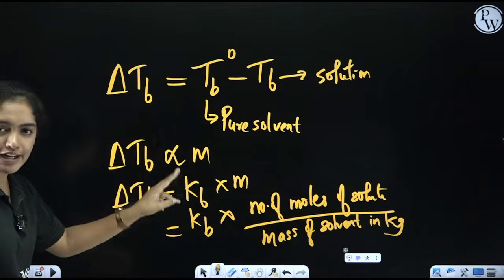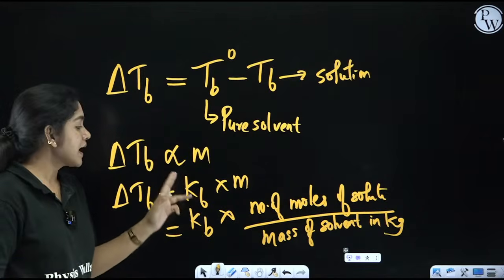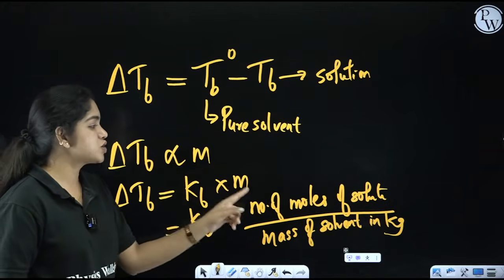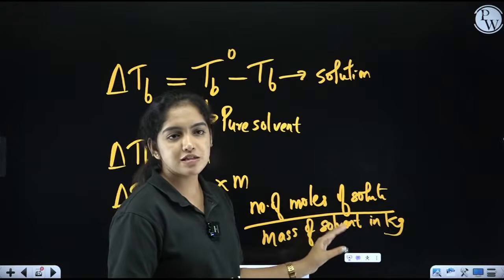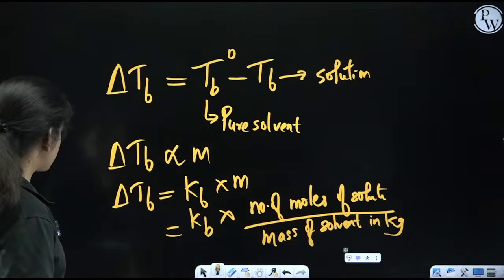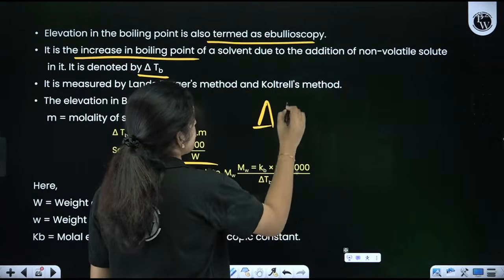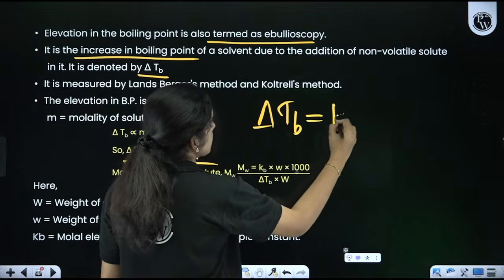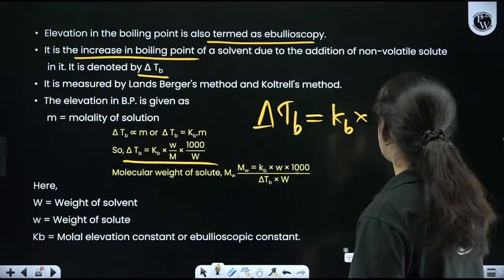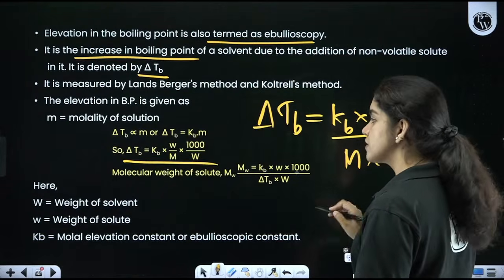To remove the proportionality, we introduce the constant Kb, known as the ebullioscopic constant or boiling point elevation constant. Kb into m, Kb into number of moles of solute divided by mass of the solvent in kilogram. This is the final equation: delta TB equal to Kb into W divided by M into mass of the solvent in kilogram, where W by M is the number of moles of the solute.